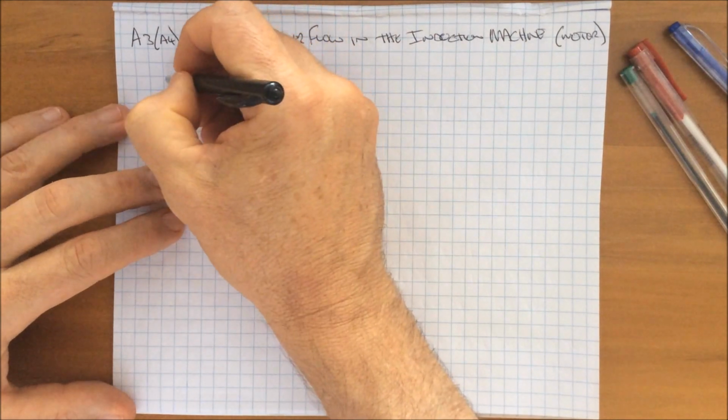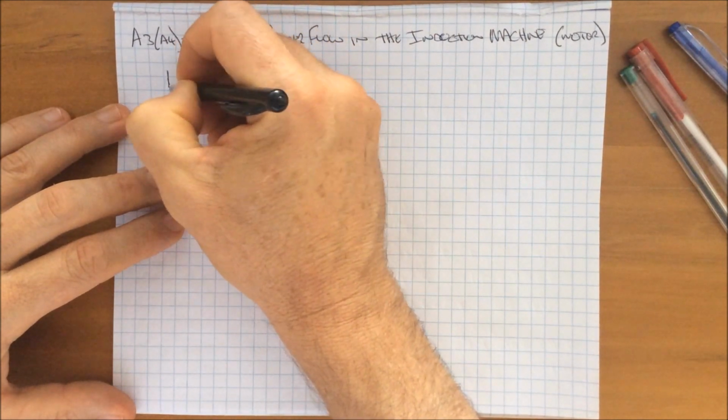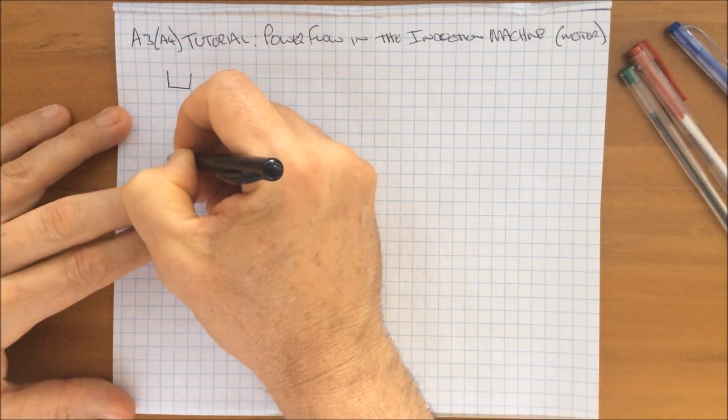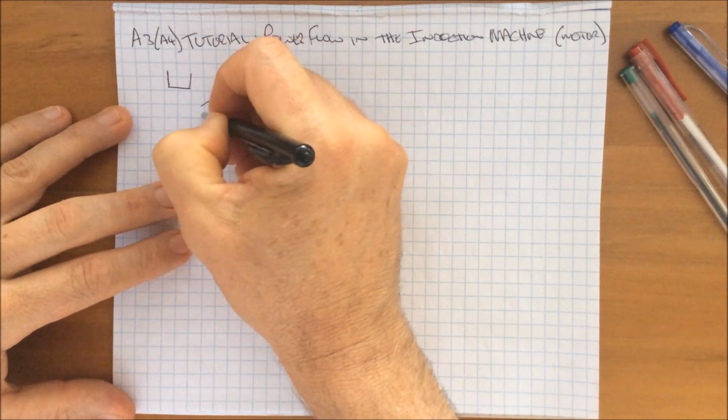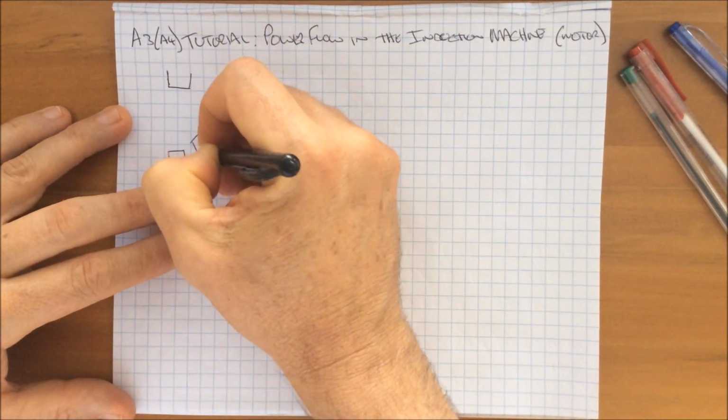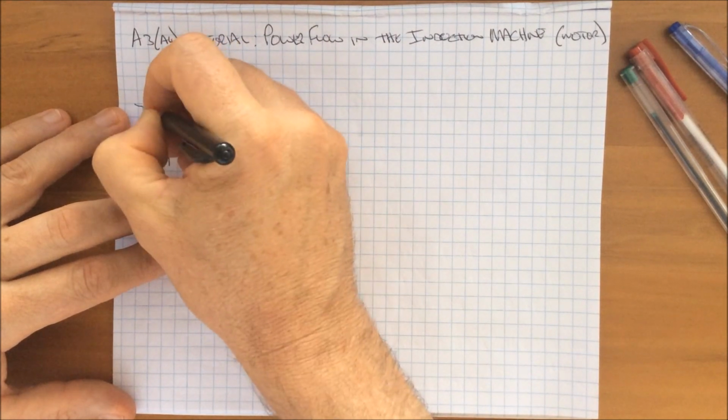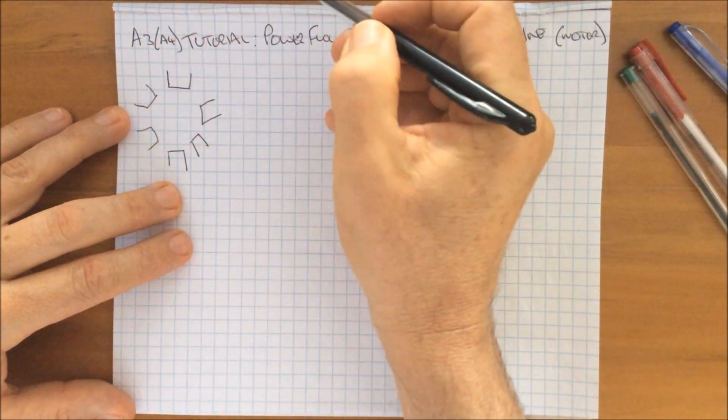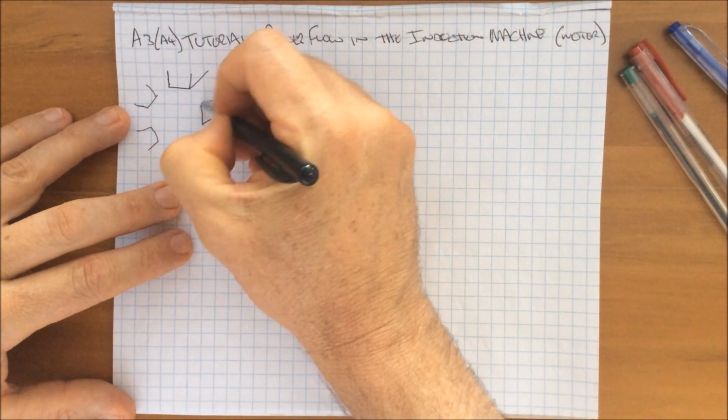So if we remember that the induction machine has got 6 poles, 3-phase induction machine that is, and they are basically like this. And I'll make an attempt to move this into 3D.